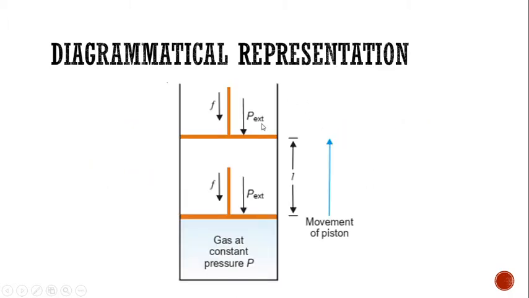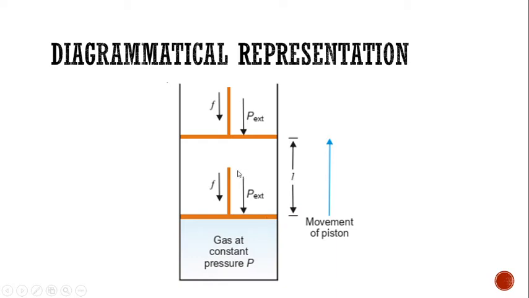So this is a diagrammatical representation of pressure work. Consider a gas cylinder. This gas is enclosed in a certain cylinder with the help of a movable and frictionless piston. This gas has a constant pressure, and as you know, the gas exerts a pressure on the walls of the piston, and this pressure equalizes by the external pressure applied from the outside or applied from the surrounding.